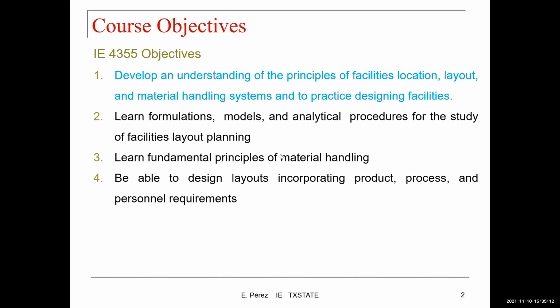This lecture is connected to the first objective of this course, which is to develop an understanding of the principles of facility location, layout, and material handling systems. This particular lecture is focusing on the warehouse of the facility.